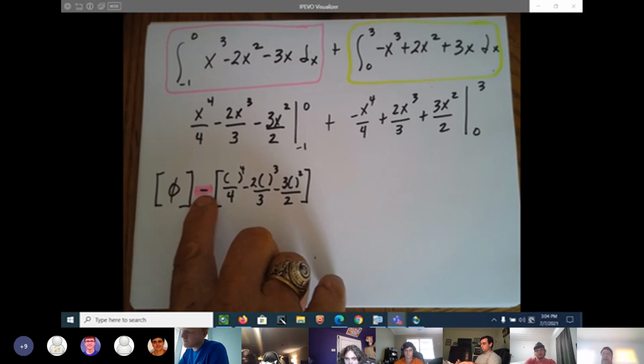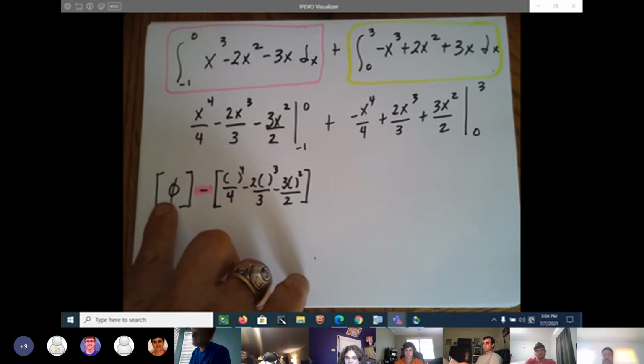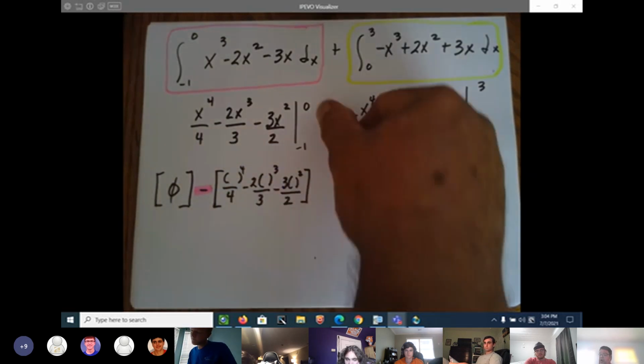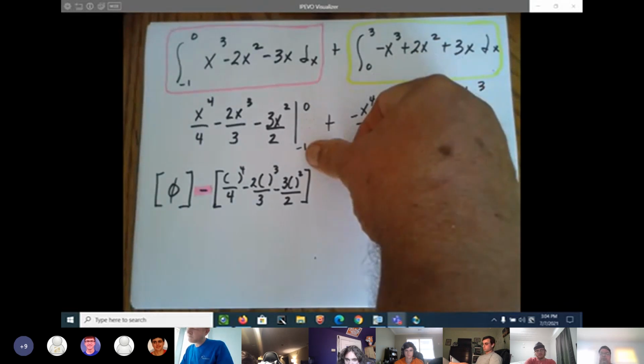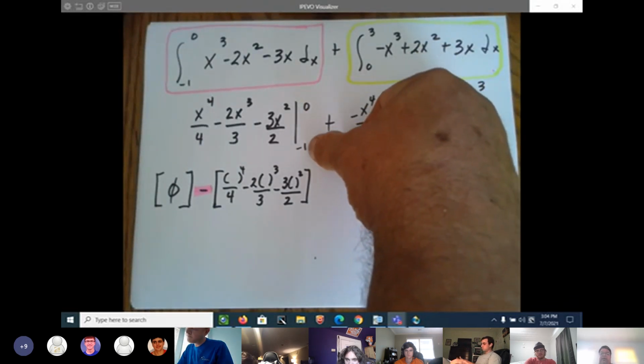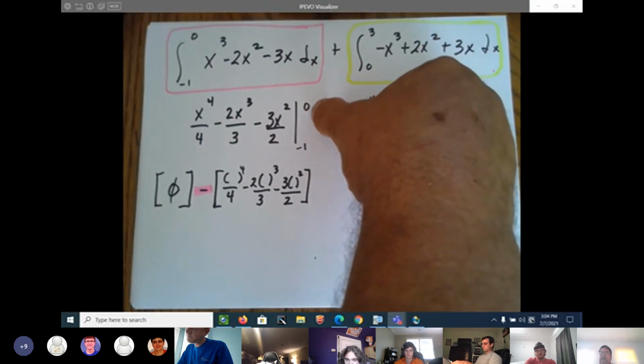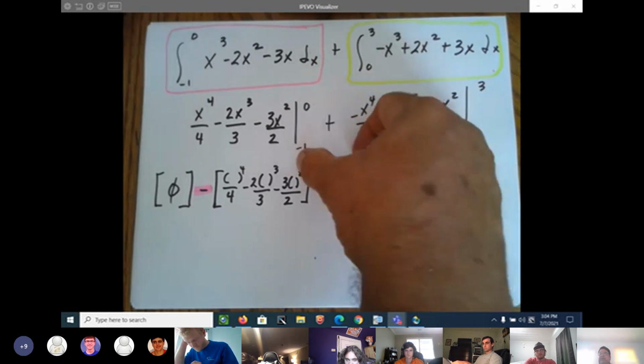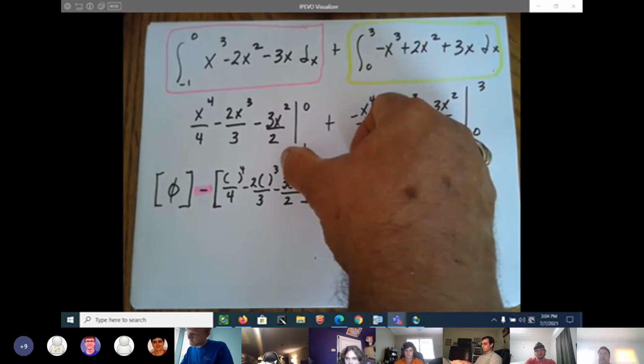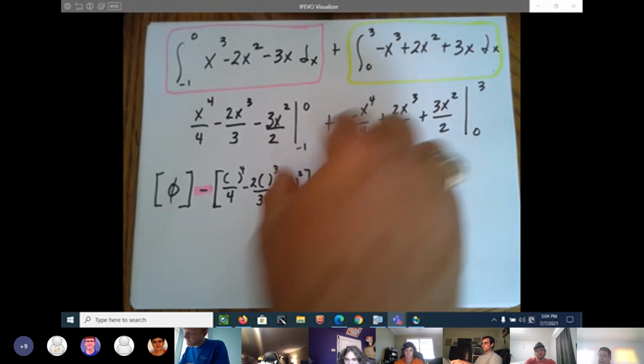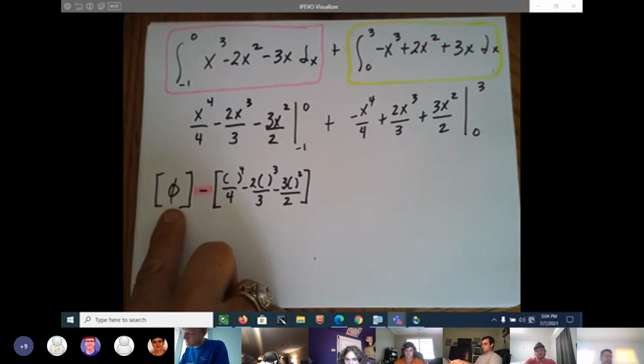You've got to keep that negative in perspective. When you subtract 0, does it matter? No. That's why I haven't been putting this right here. But here, we're not subtracting 0 from a number. We're subtracting a number from what? 0, and it makes a difference. Does everybody understand that? Okay, that's why I put the 0 right here, because of that negative.